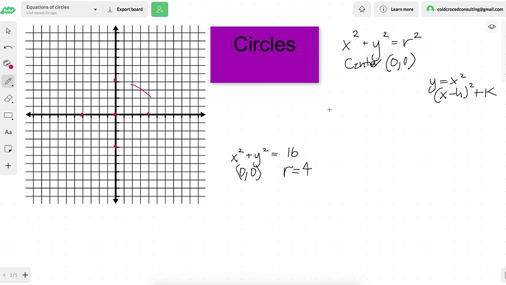Okay. So if we then want to transform or move the circle, our general form is x minus h squared plus y minus k squared equals still the r squared. So our h and k are still coming back, but notice the x minus h, that's the same.